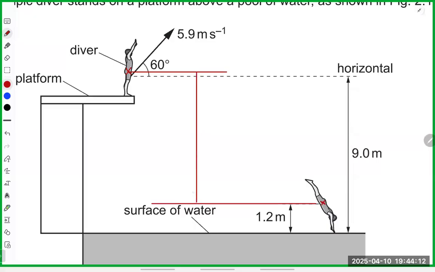The object has come down by how much? If on the top it is at 9 meter from the surface, at the bottom it is 1.2 meter from the surface. So I think it is 7.8 meters. How much has the object net fallen down?